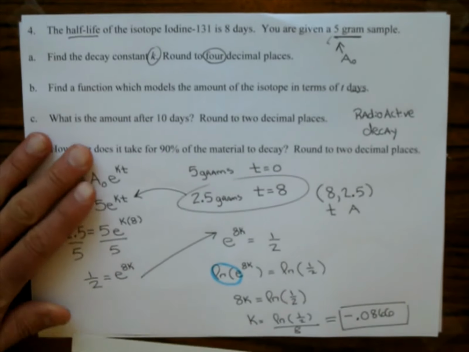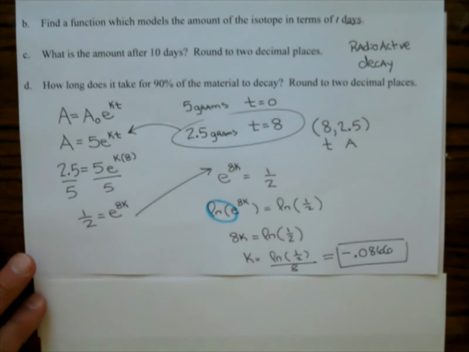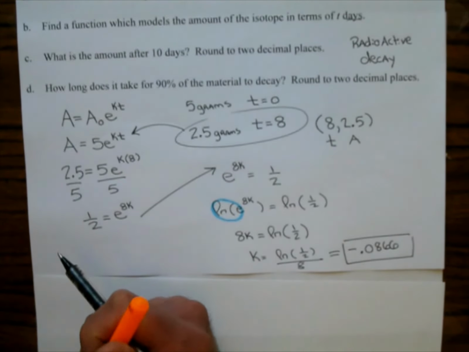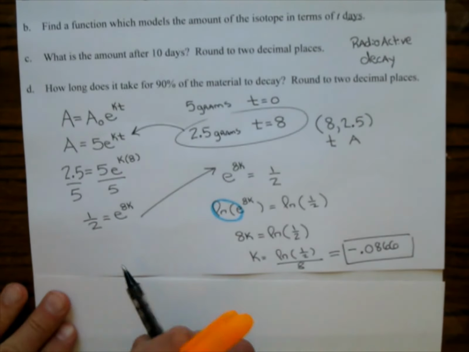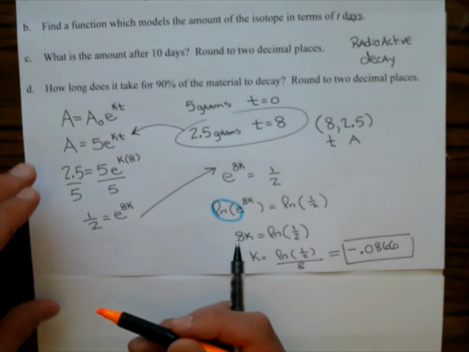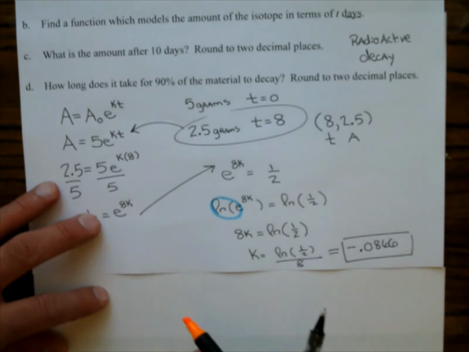Let's go ahead and answer the other questions. So part B says find a function that models the isotope in terms of T days. Now this isotope helps actually detect how well the thyroid is functioning. So, you know, this is important in the medical world.